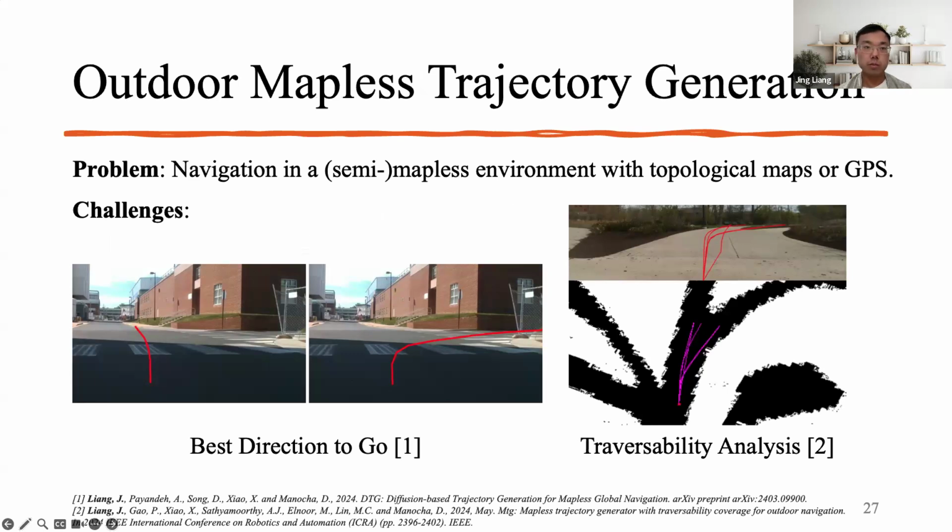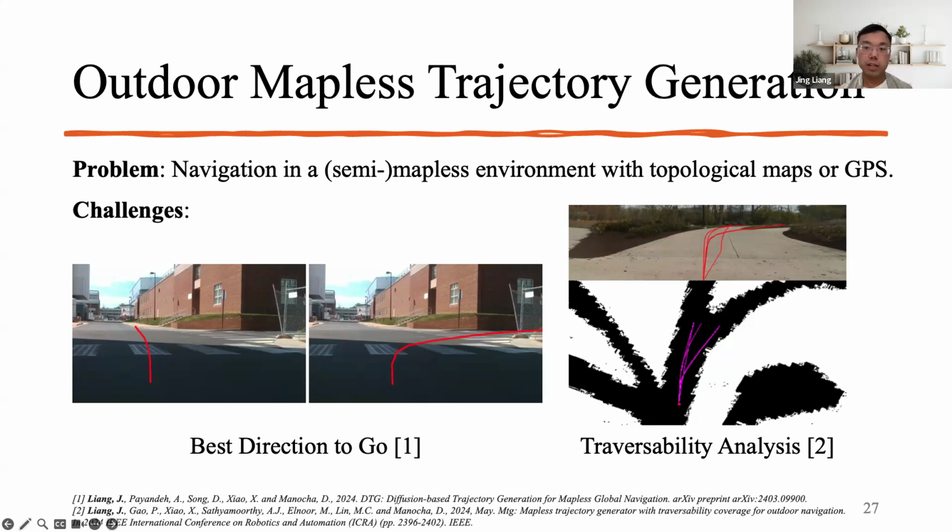The problem I worked on is navigation in a semi-mapless environment with topological maps or GPS. And I mostly worked on two challenges. The first challenge is to choose the best direction to move the robot. For example, as shown in the left figure, if the goal is behind the building, should the robot follow the main road or go to the right side?